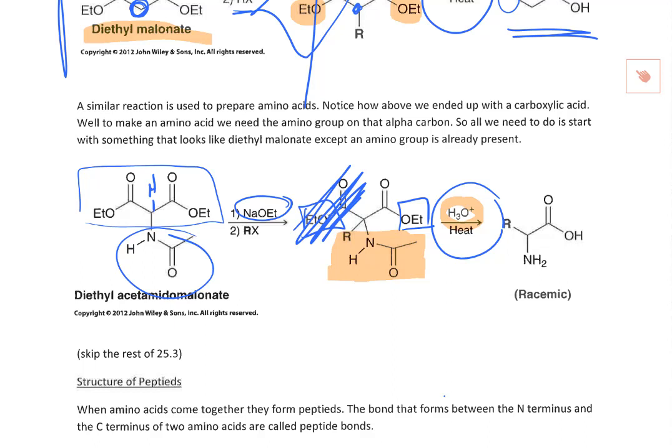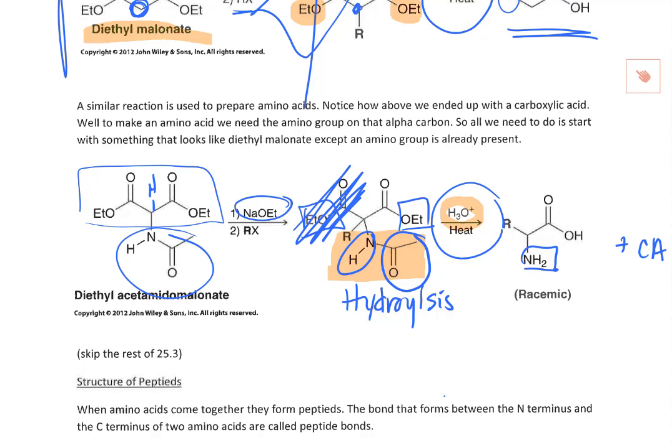So you're going to have a carboxylic acid over here from what used to be this, but you also get the amine because you had that nitrogen group there to begin with. And so this part is going through a hydrolysis reaction as well. Now we have a lot of stuff going on with just adding acid and heat. And notice how we also end with something that has that general structure of an amino acid.